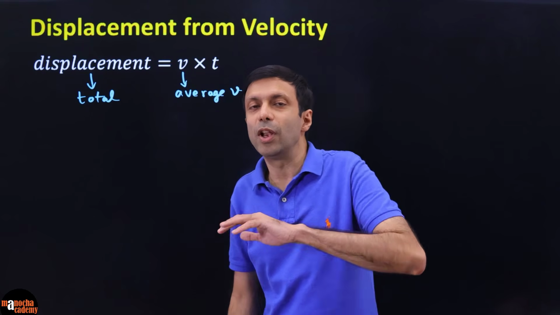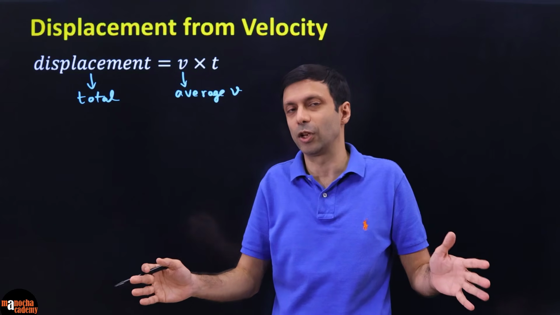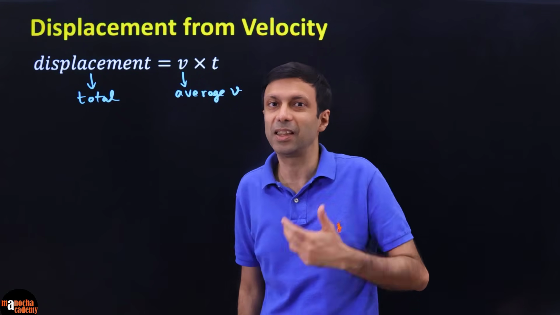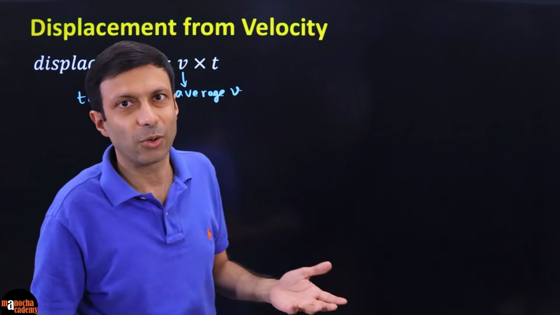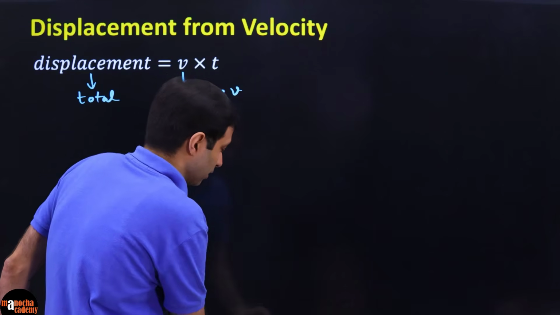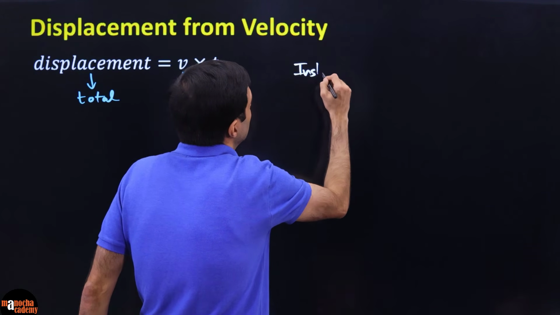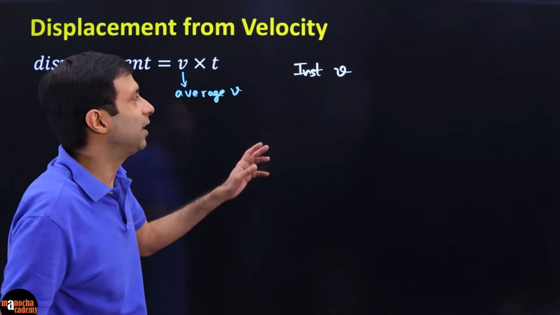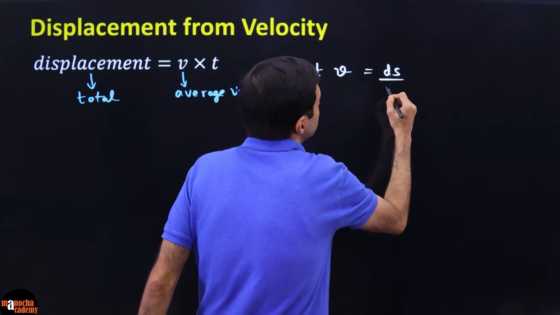But what if the velocity of the body is changing over time and you don't know the average velocity? Let's say we want to work with the instantaneous velocity. Then what do we do? Remember, for instantaneous velocity, how do we calculate it from the displacement? The formula was, I'll write v inst, that is for instantaneous velocity, equals ds by dt.